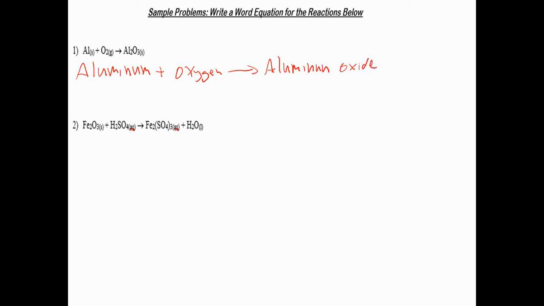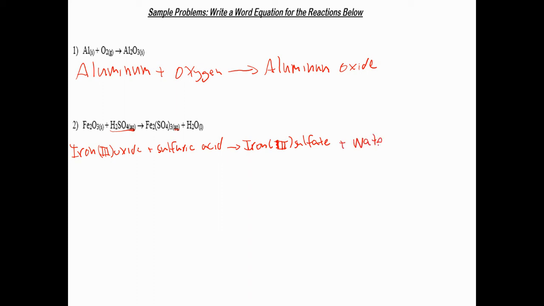And then here, a bit of a longer one, so I might have to write a bit smaller. Here we have iron(III) oxide reacts with, this is H2SO4, sulfuric acid to produce iron(III) with our Roman numerals, iron(III) sulfate and water.